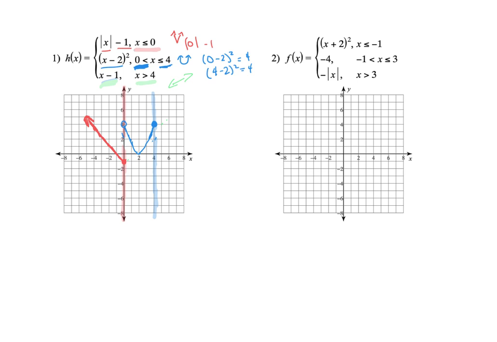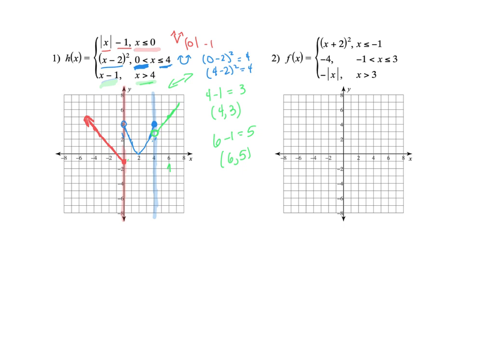But I'm just going to plug that 4 in, and I'm going to say, well, at the point where x is 4, plug it into that function, my y value would be 3. So I know the point (4, 3) is going to be here. It is just greater than, so I'm going to do an open circle at that 3. And then with the linear graph, you can really pick any other point. Let's say 6. If I were to plug in a 6, 6 minus 1 is 5. So the point (6, 5) would be on this graph, and you can just graph your linear equation from there.